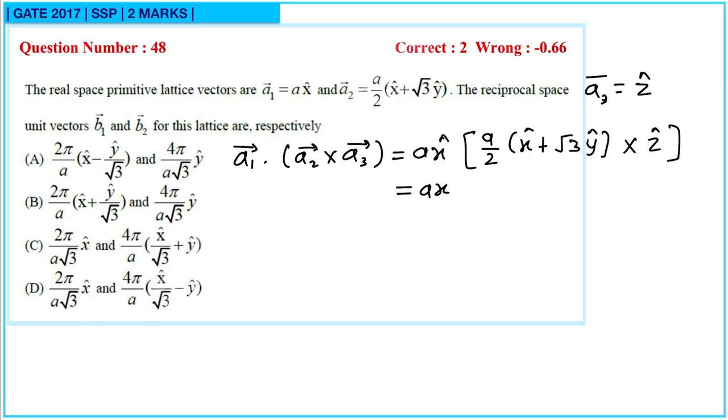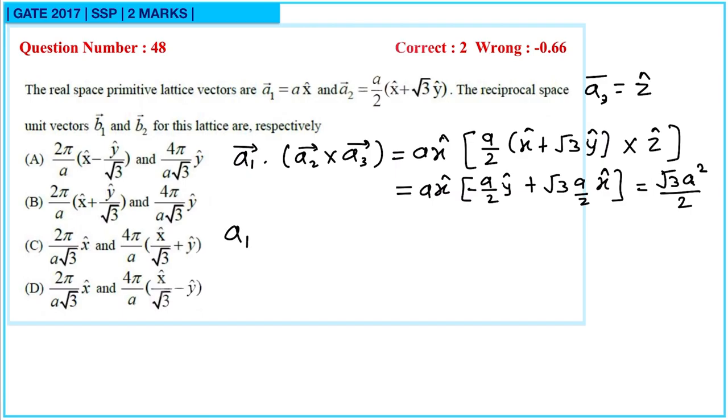So this will be A x cap, and then we have A by 2 x cap cross y cap, that will be z cap, plus root 3 A by 2 y cap cross z cap is x cap, and then this will be x cap dot x cap, that will be root 3 A square by 2. So that is the volume.